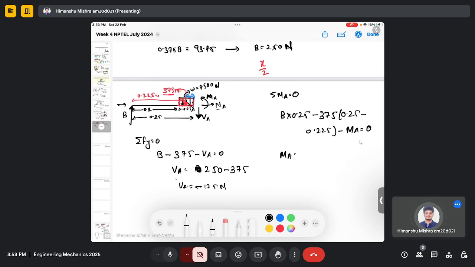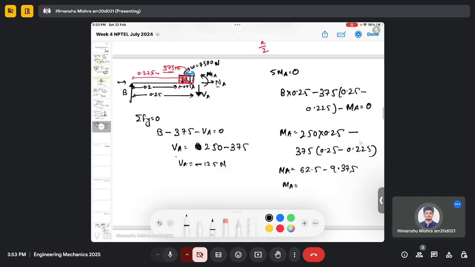So my MA equals B, which is 250 multiplied by 0.25, minus 375 times (0.25 minus 0.225). This is 62.5 minus 9.375.